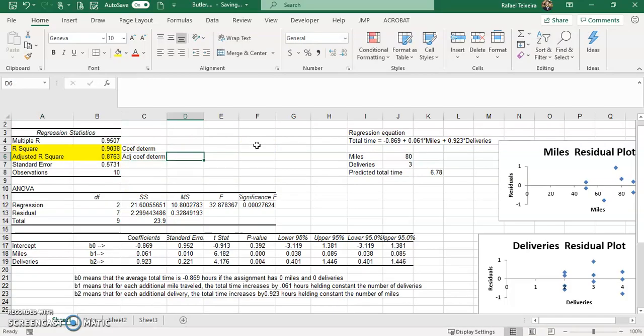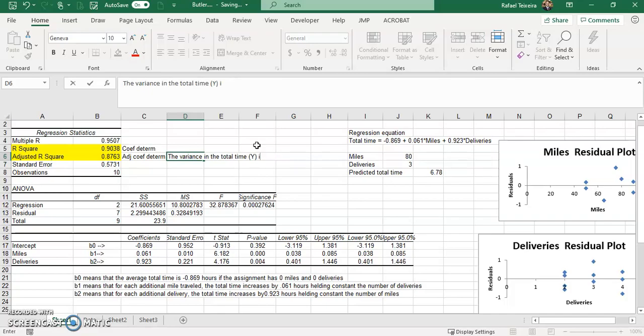So what's the interpretation here? The interpretation is the variance in the total travel time, which is our y variable, is explained.